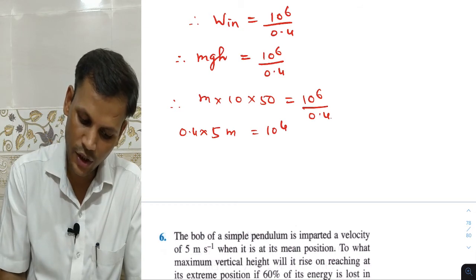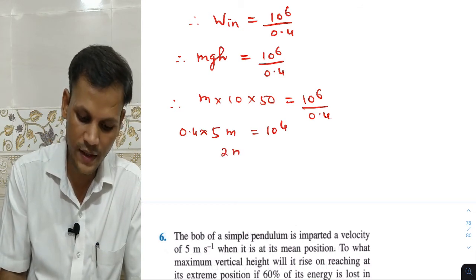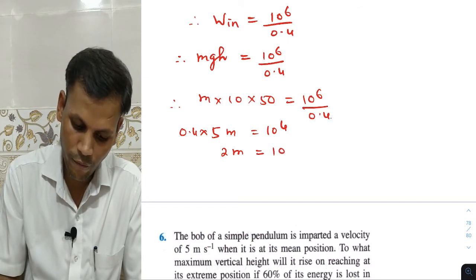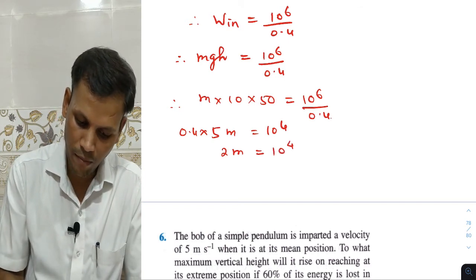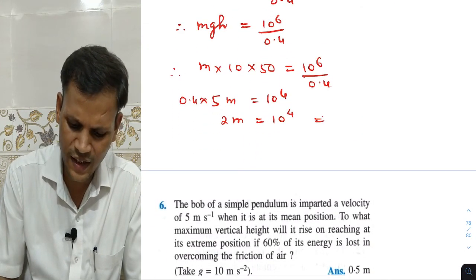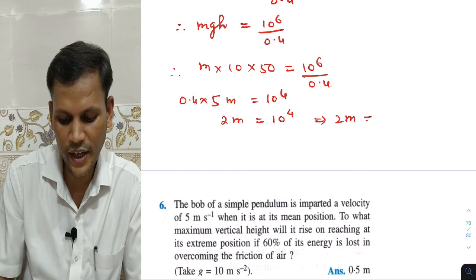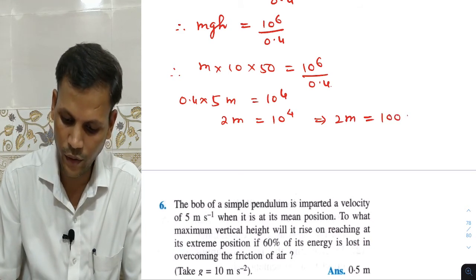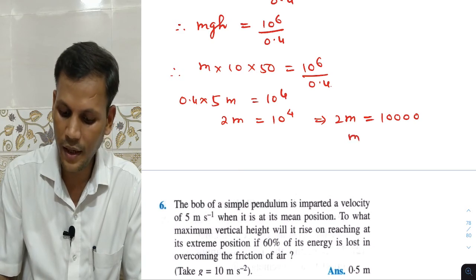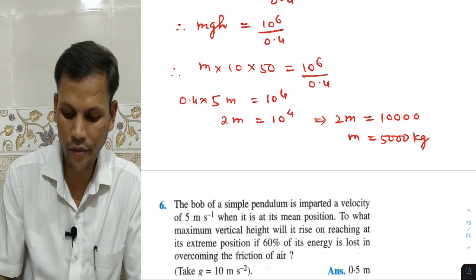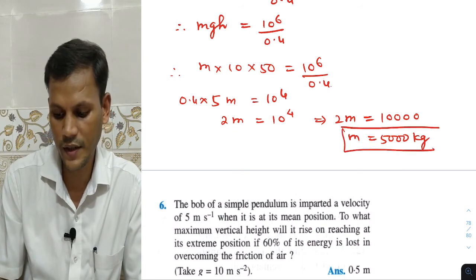So 5 4s are 20. So 2m is equals to 10 raised to 4. So mass m will be 5000 kg of water. This is the final answer.